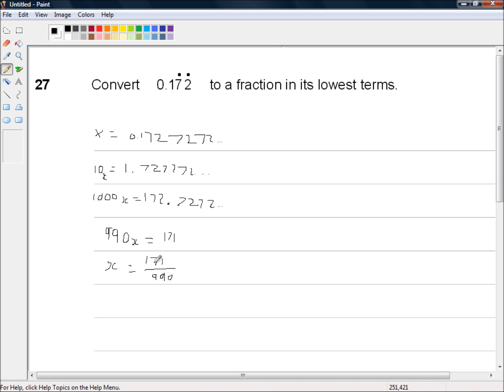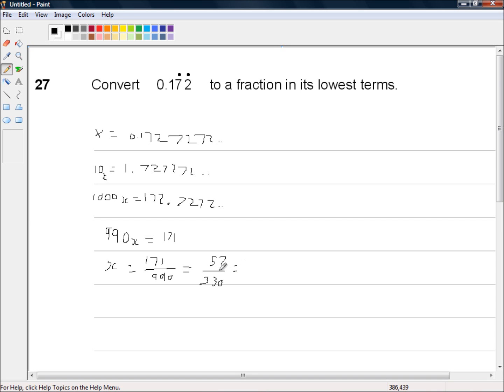Well, 3's into 17 won't go, but the nearest one is 5 3's are 15, and 15 from 17 leaves 2, and that's 21. 3's into 21 will go 7 times, so yes, that will go into 3. So we're looking at 57 over 330, which is what you get when you divide 990, because 9 divided by 3 is 3, 9 divided by 3 is 3, so that's 330.